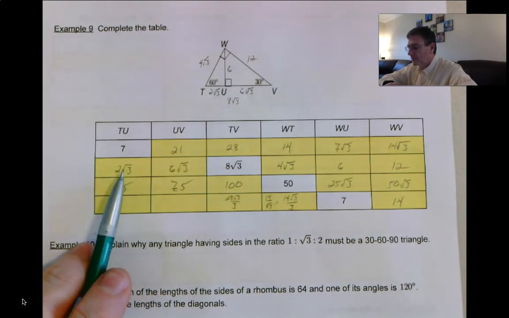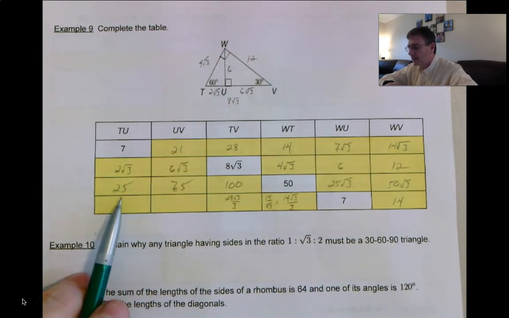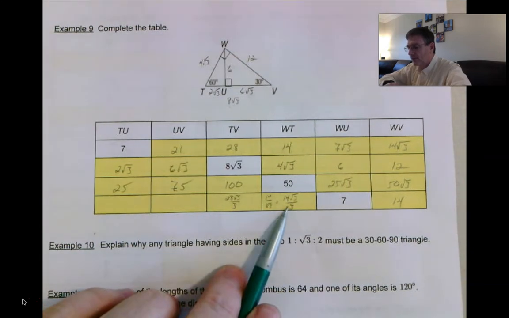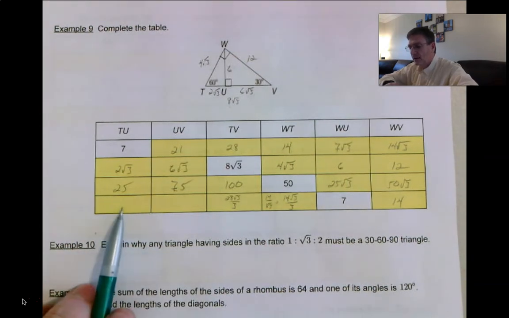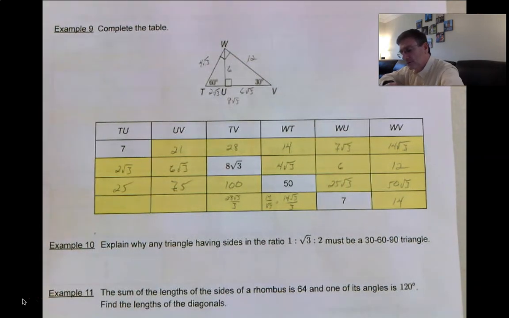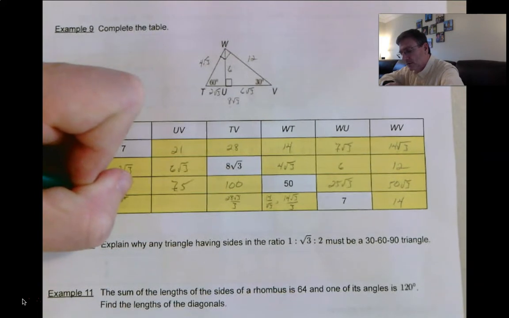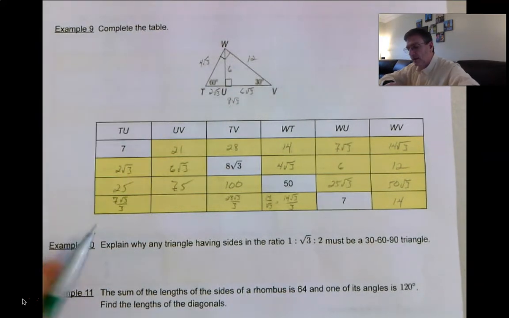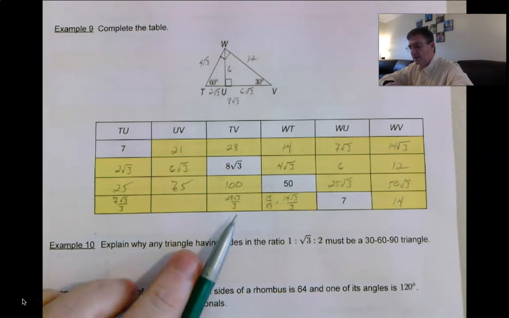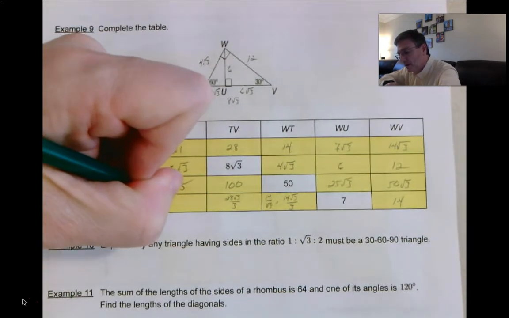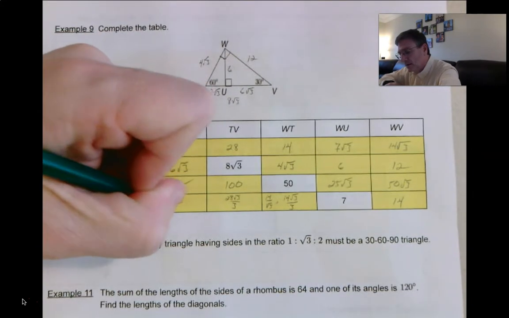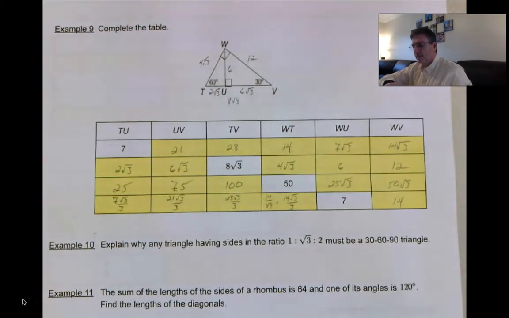What was the relationship that we were able to find here? Half of WT is TU, so 7 square root 3 over 3. These two have to add up to be this one, so 21 square root 3 over 3.